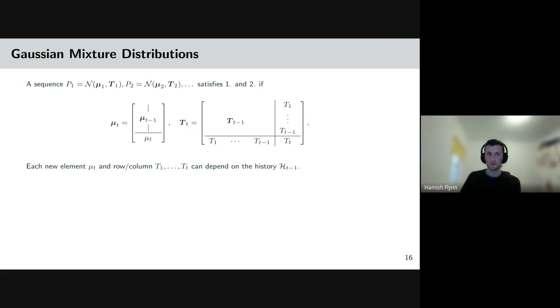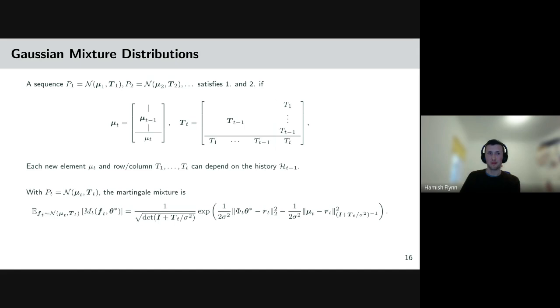So at each step, we append a new value to the previous mean vector, and a new row and column to the previous covariance matrix. And then each new element of the mean vector and each new row and column of the covariance matrix can depend on the history. Of course, because capital T is supposed to be a covariance matrix, it also has to be symmetric and positive semi-definite.